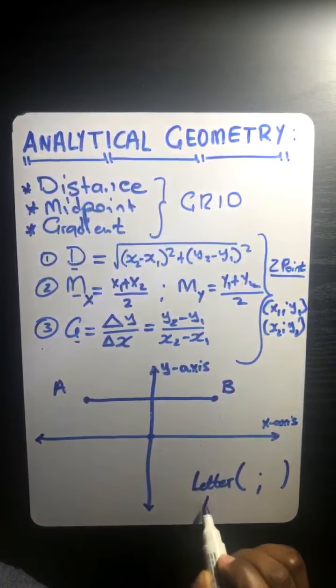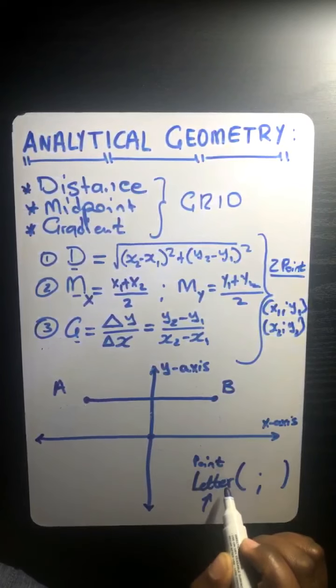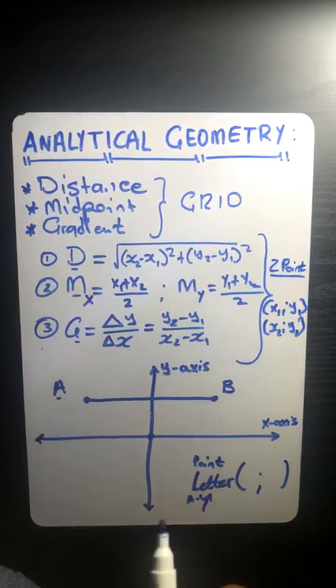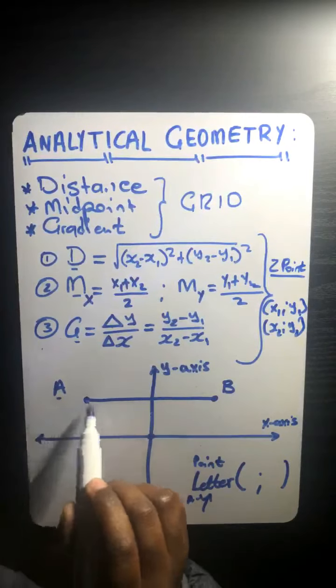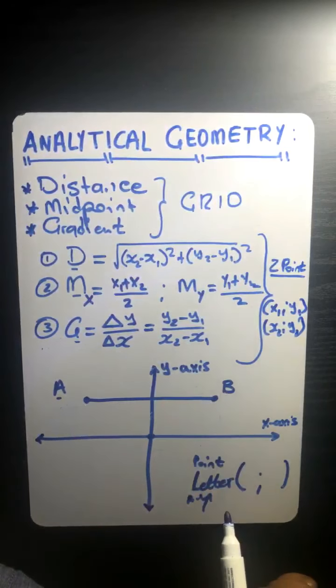So this letter is what we call a point. It could be any letter from A up to Z. But can you see, I chose letter A for Analdi there. So that means Analdi is standing there, and we've got Byron standing over there.